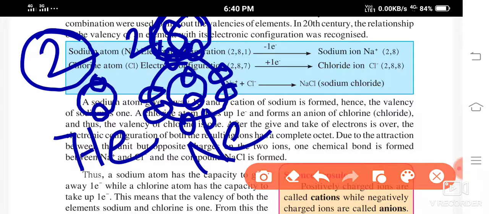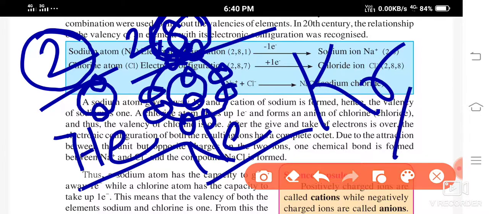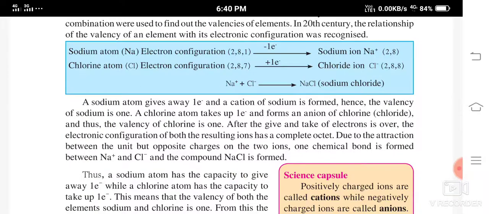So each and every atom tries to attain this type of stable state, like helium, neon, krypton, argon. These are what we call stable atoms.